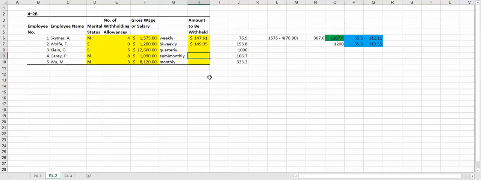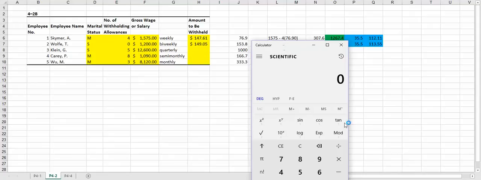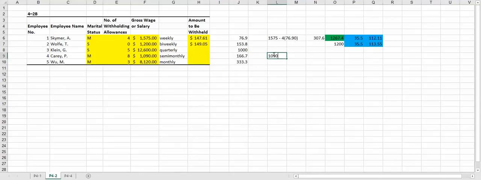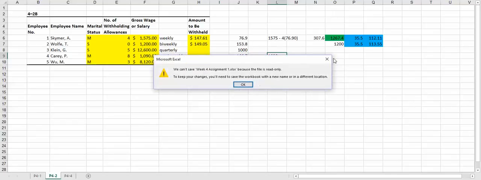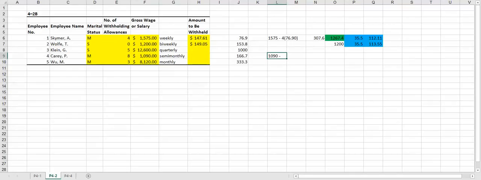But let me show you how that's actually going to look so you don't have to take a lot of your time. Let's bring out the calculator. He is paid $1,090 semi-monthly. So it's going to be $1,090 minus 8 times 166.70.